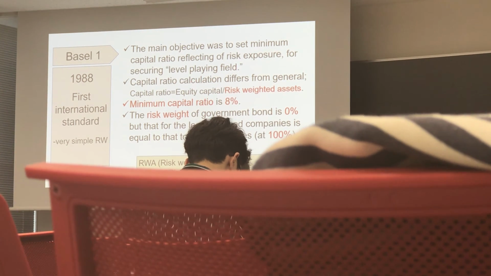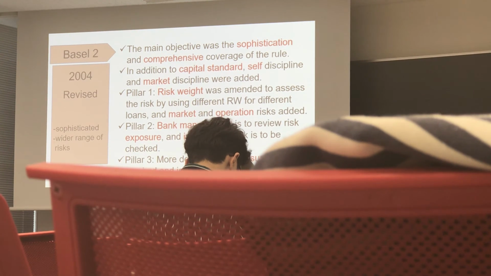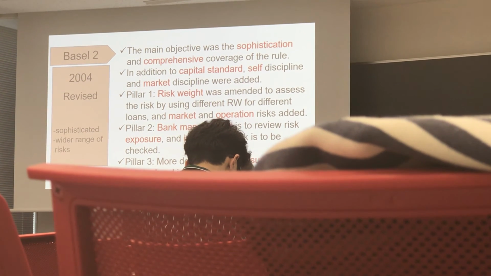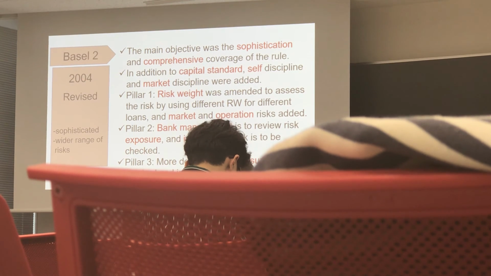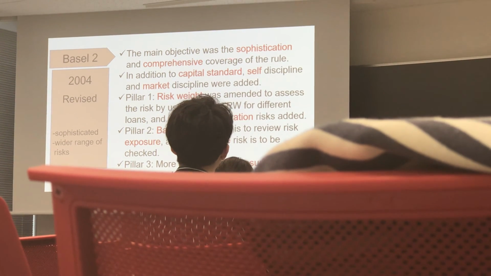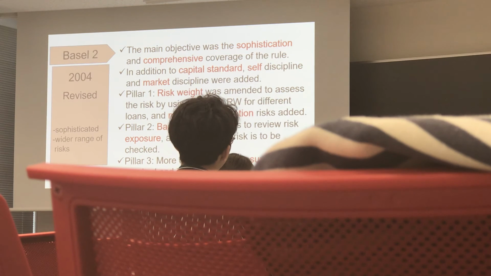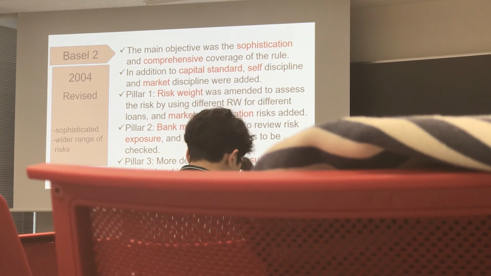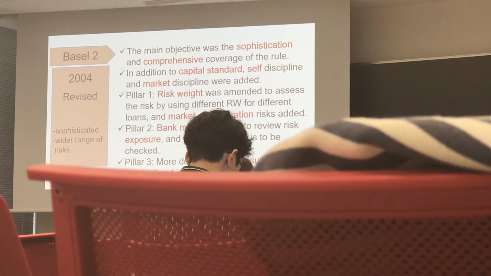But at that time, the risk weight, that is the method to calculate the denominator of this capital ratio, was very, very simple, too simple: 100% for any of the loans to any of the companies. But this weakness was improved by the introduction of Basel II in 2004. That was a message from the regulator to make the regime more sophisticated and comprehensive.